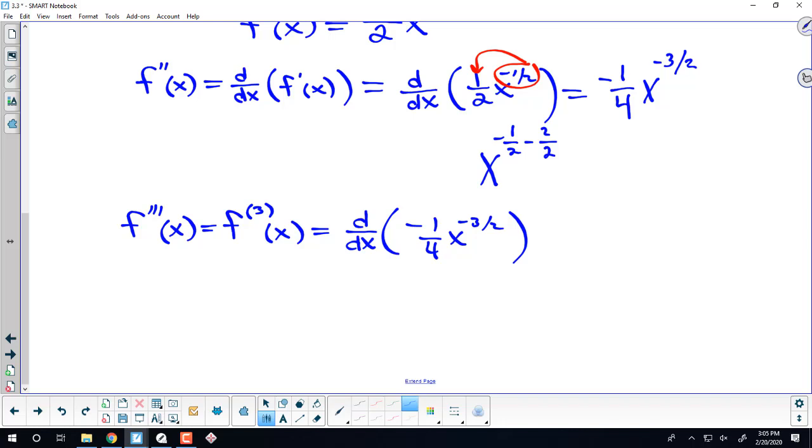Power rule again: negative 3/2 times the negative 1/4 gives us a positive 3/8 x to the negative 5/2. Negative 3/2 minus 2/2 again. Then the next iteration, you'd have something x to the negative 7/2. The next derivative, something times x to the negative 9/2, and so forth. There's our third derivative.